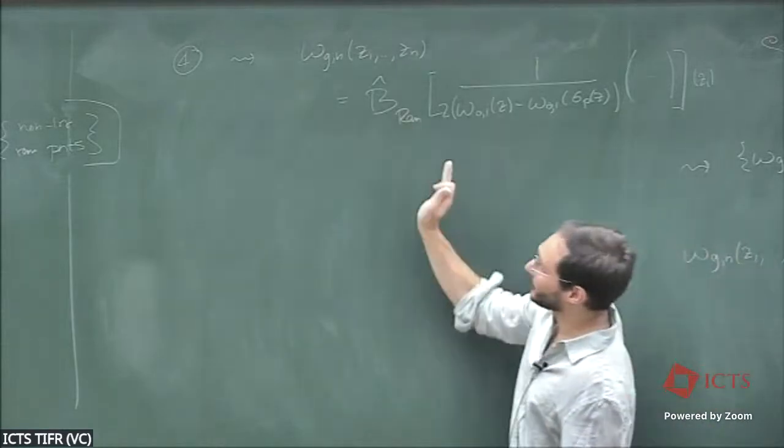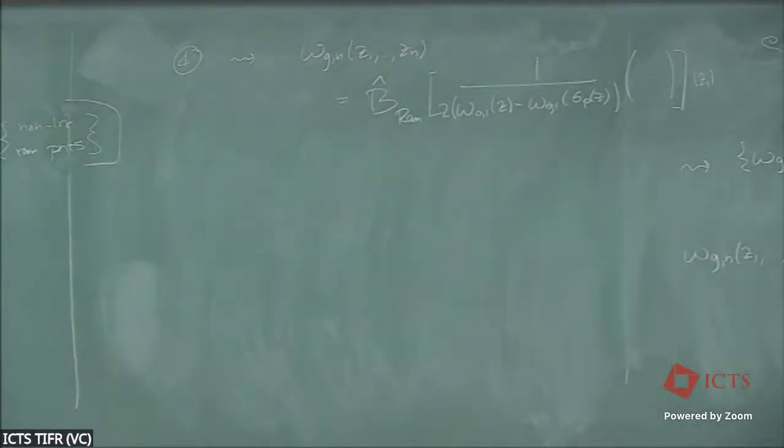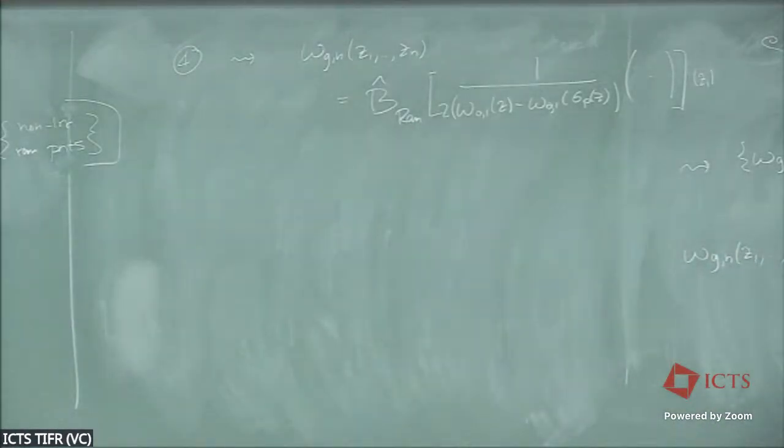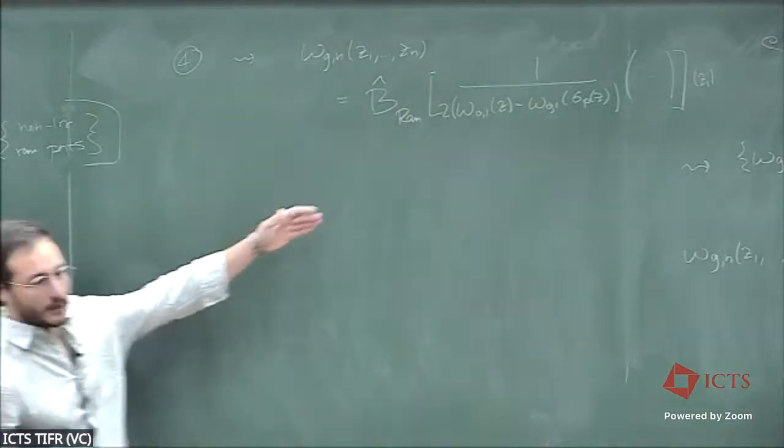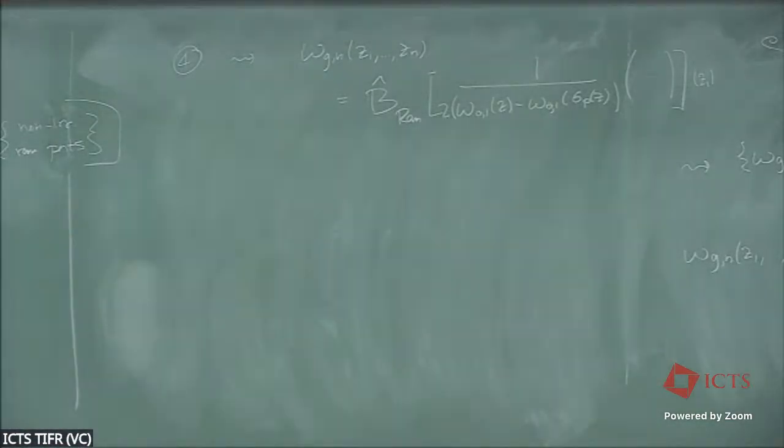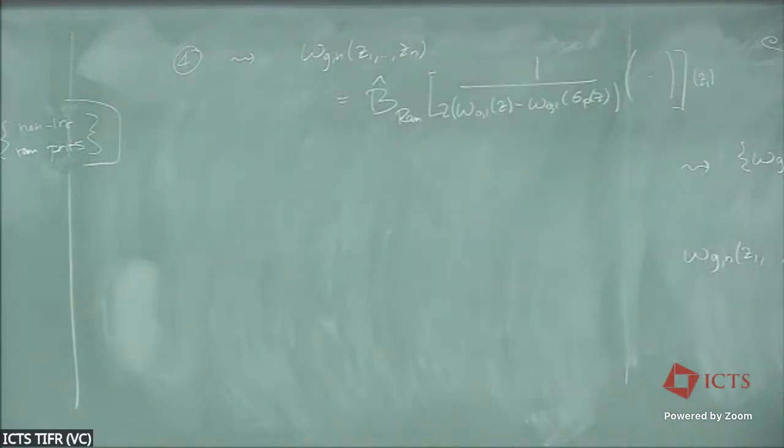So omega GN satisfies the projection property because, right, it's not immediate, but one can show that it satisfies the projection property using this formula here. Sorry, I thought it was immediate. It's not immediate, but you can prove that it satisfies the projection property.